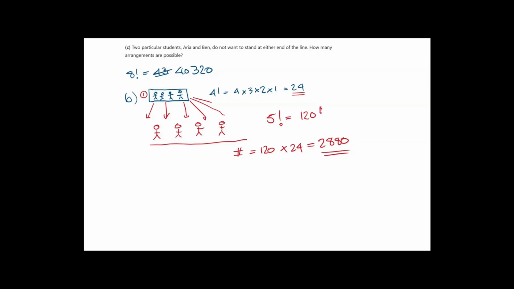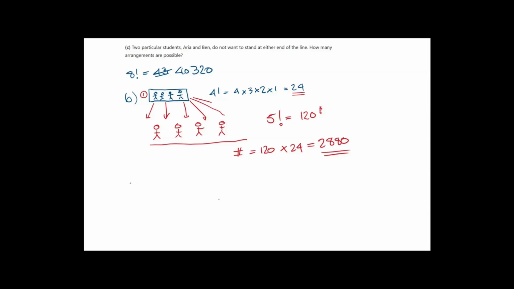Okay, so now we're told that 2 of those students, I guess we're saying that we don't care about the debating team now, Aria and Ben do not want to stand at either end of the line. How many arrangements are possible? So all of them have to be on the line, but neither Aria nor Ben can be at each end. Okay.